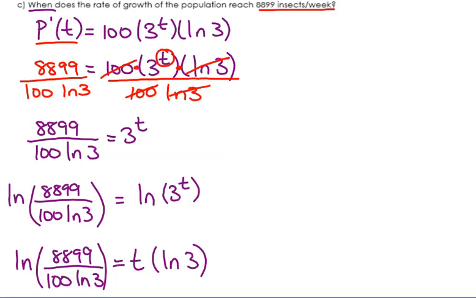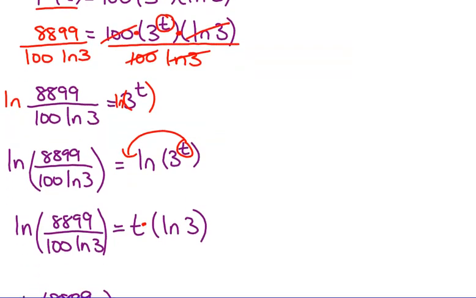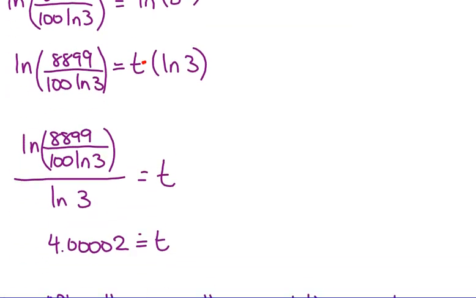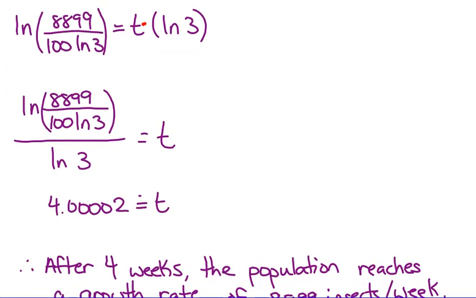Now, since t is locked away all the way at the top, I want to do a ln of both sides because that'll help me to bring the t down. And now t is multiplying. So that's much easier to solve for t now because it's not an exponent anymore. Now what I'm going to do is divide both sides by ln 3.